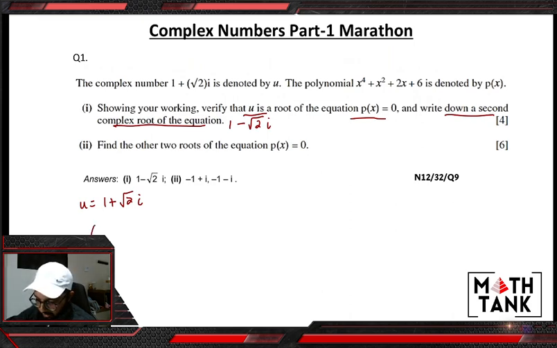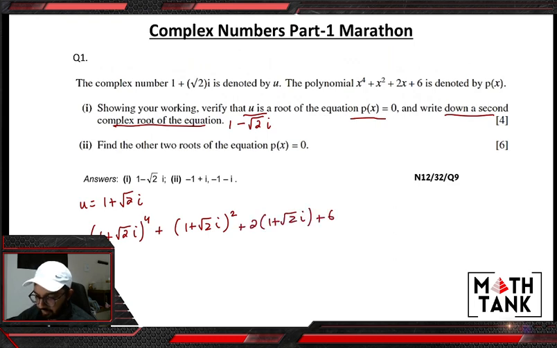So I plug it in instead of x: (1 plus root 2i) power 4 plus (1 plus root 2i) squared plus 2 times (1 plus root 2i) plus 6. I don't know how to do power 4 directly, so I break it up into two squares.